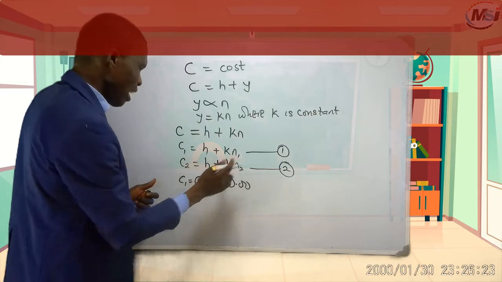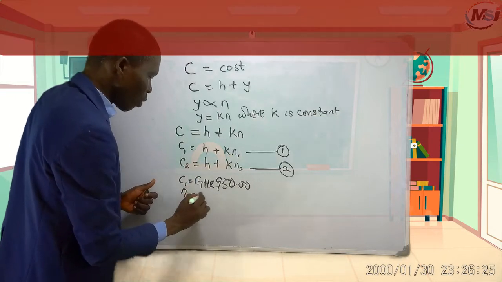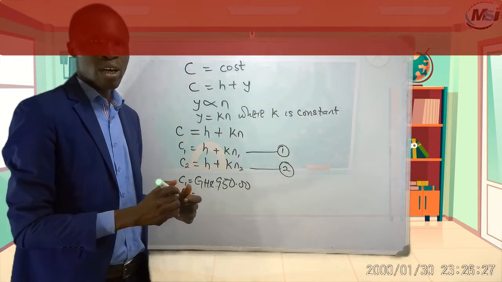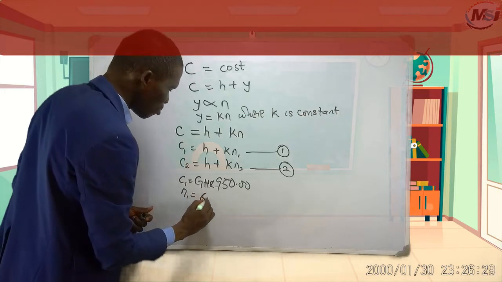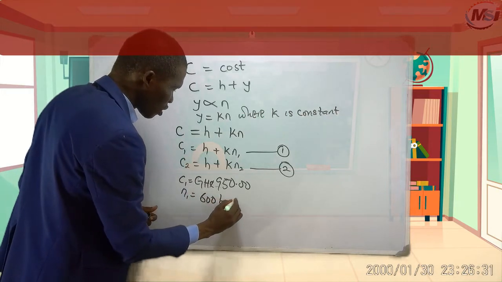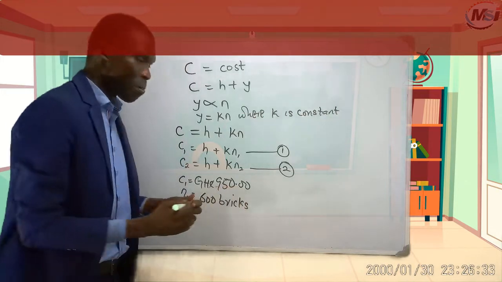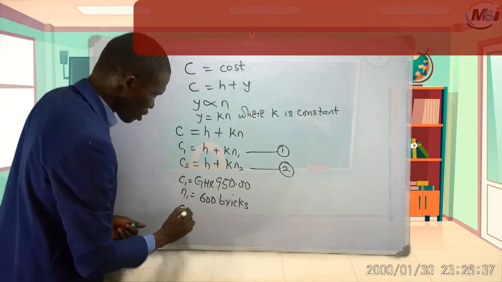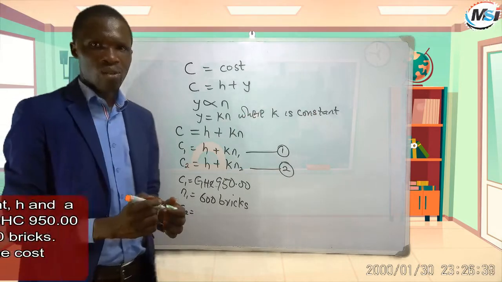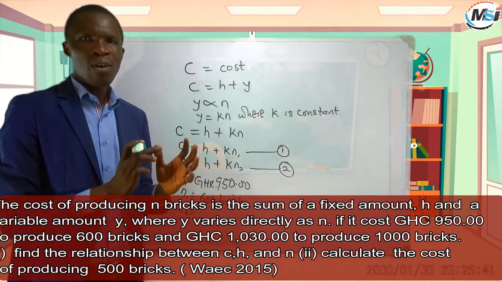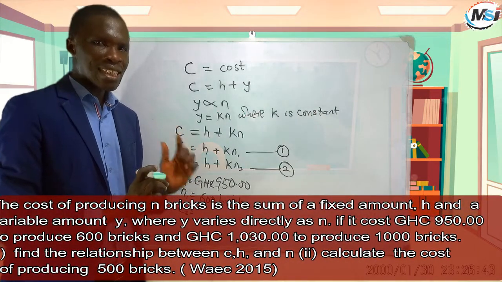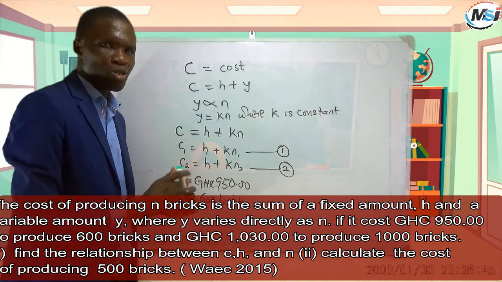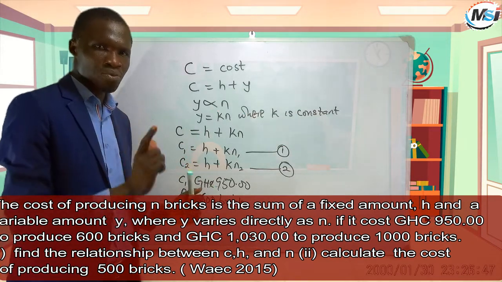Then N1 will give us, from the question, 600 bricks. Then we want to look for C2. If you look at the question again, we have 1030 Ghana cedis to produce 1000 bricks.